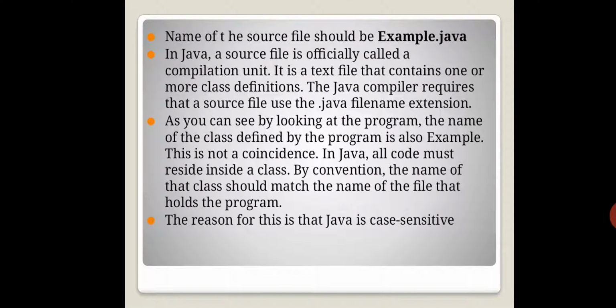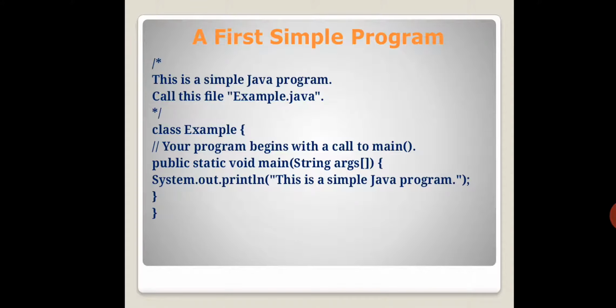See, there is some information given for that particular program. The first point is that the name of the source file should be Example.java itself. Why? Because you have given the class name as Example. Can you see the third line? Class Example. Whatever name you give to the class which has the method main, the same name has to be given for your file name also.